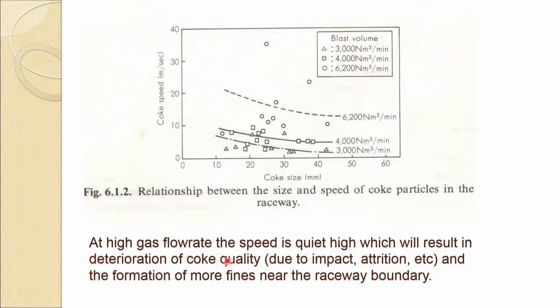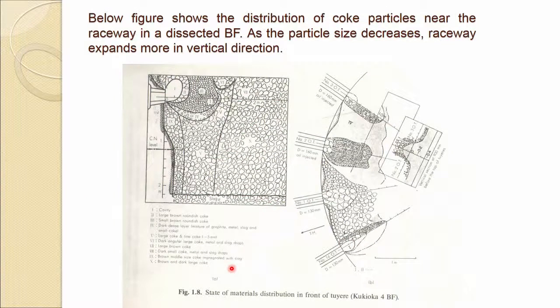We need really very high coke quality, because coke is subjected to extreme conditions in the raceway region, and one does not want it to create lots of fines or deteriorate or disintegrate. So, coke quality is of utmost importance.